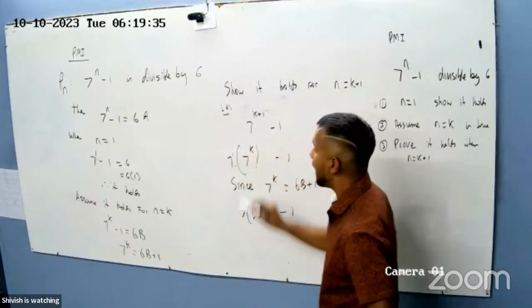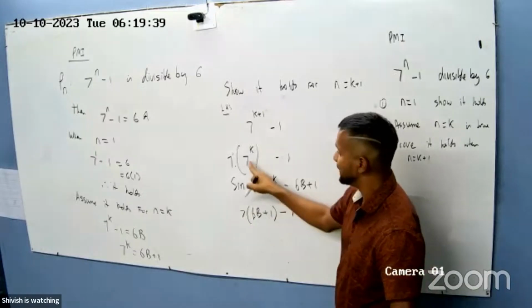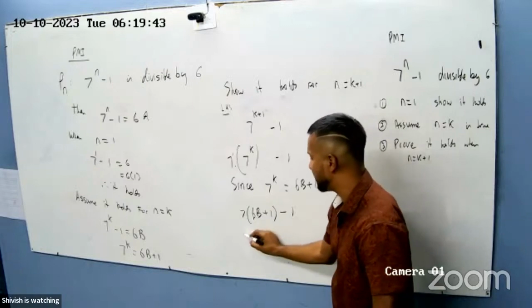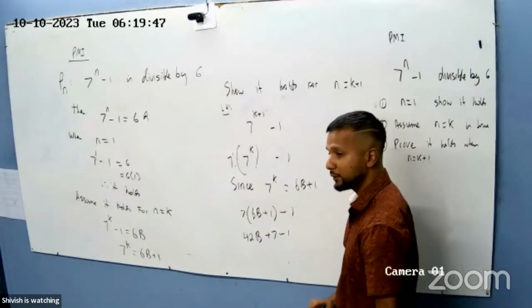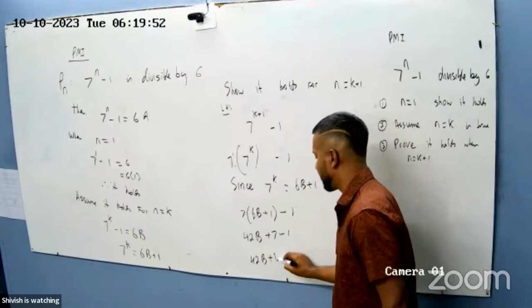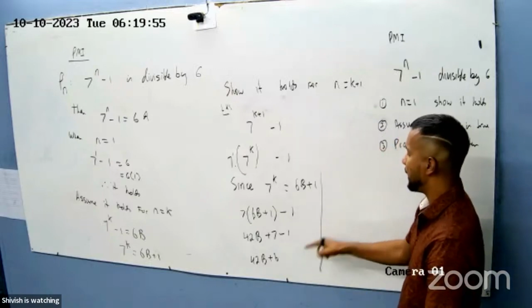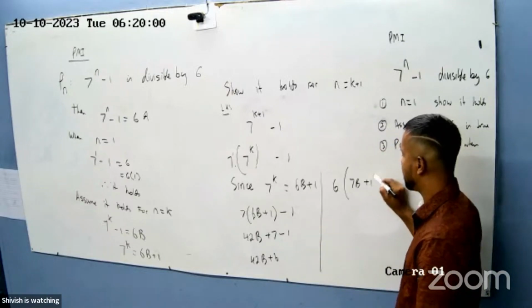I know what 7 to the k is, 6b plus 1, so I take off 7 to the k and I put 6b plus 1. I'm going to multiply this out now, and I'll get 42b plus 7 minus 1, which is 42b plus 6. What do I do now? I can factor out 6, so I'll get 7b plus 1.